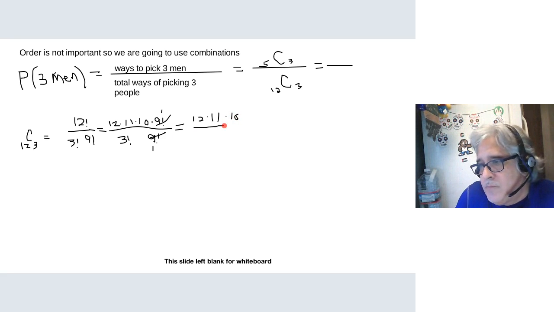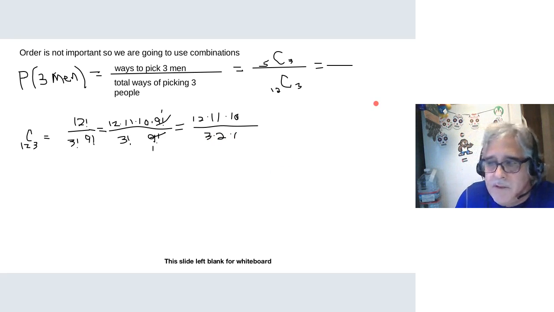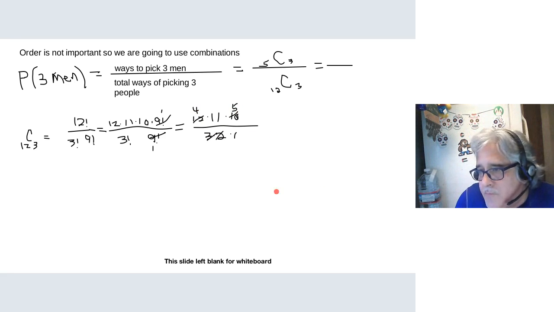So that's all that's left in the numerator, 12 times 11 times 10. And down here is 3 times 2 times 1. So that's 6. Like I said, you could do this any number of ways. 2 goes into 10 5 times. 3 goes into 12 4 times. So now these are all 1 down there. So what is 4 times 11 times 5?